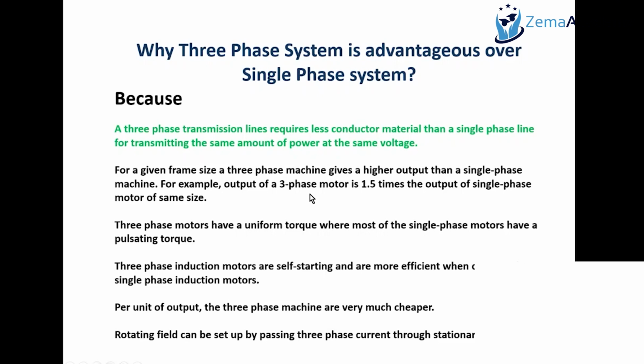Three-phase system is also advantageous in machines like motors, because if you do remember, I've been talking about the MMF. There are three types of MMF. One is static MMF, second is alternating or pulsating MMF, third is the rotating MMF. Now, rotating MMF is relevant to machines, to motors or generators.